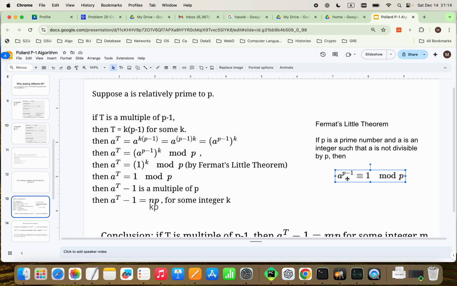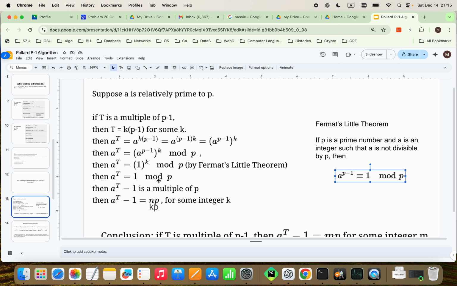So this is equivalently saying a to the p minus 1 mod p equals 1. So we can simplify this to this. Now this becomes 1, and then 1 to the k is 1. And we move 1 to the left.